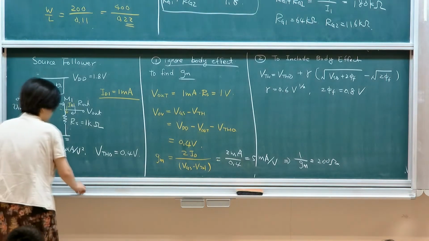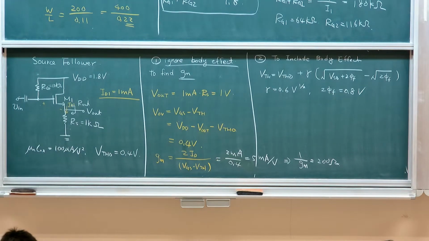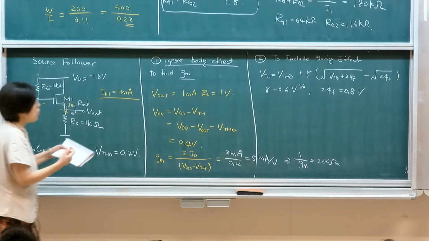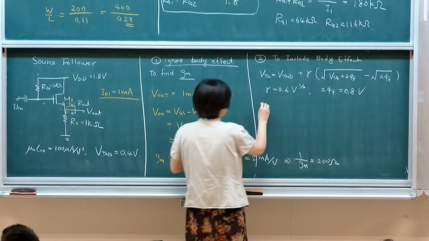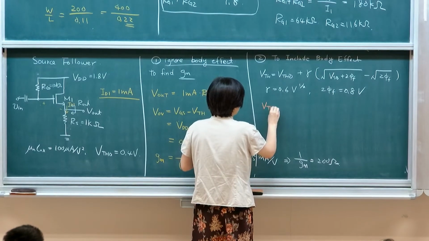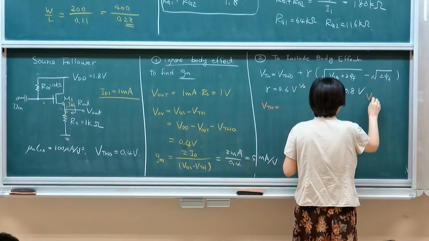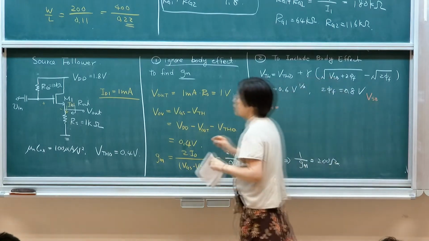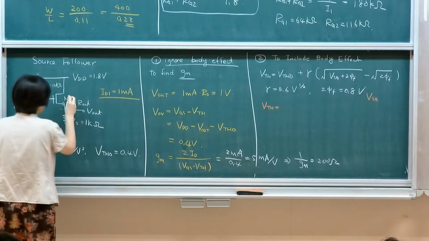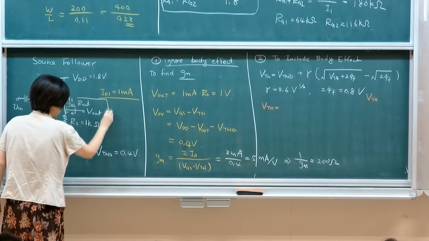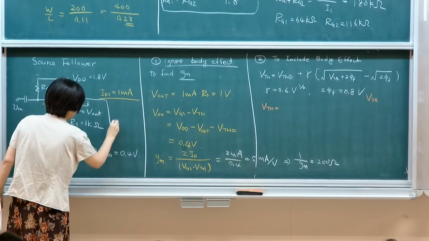Okay? So let's look at, once you include body effect, what is the impact on its overdrive. What we want to do is to find out the actual threshold when VSB is no longer 0. So we know that the body is here. Body is by default connected to ground. This is body.